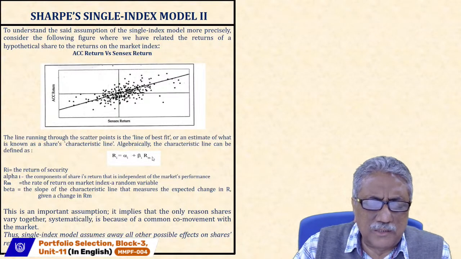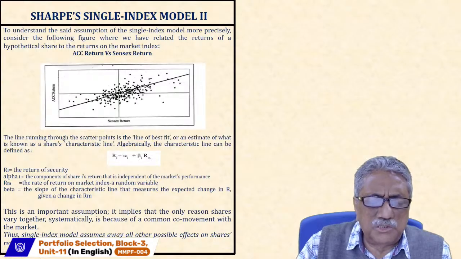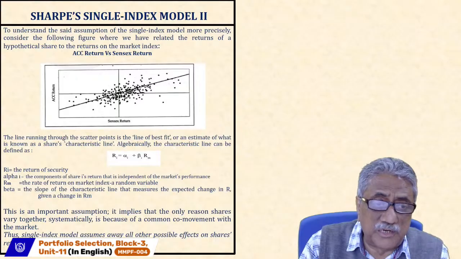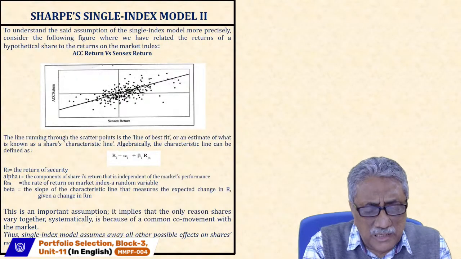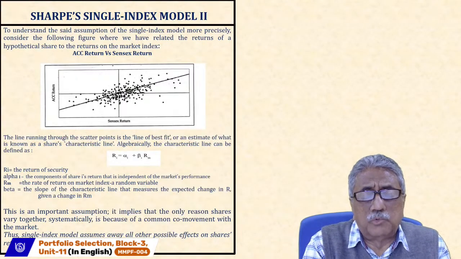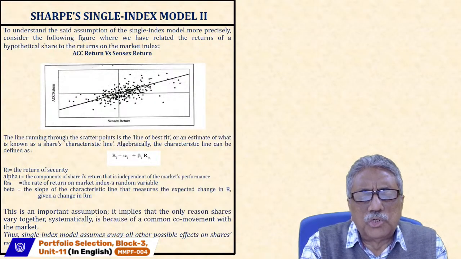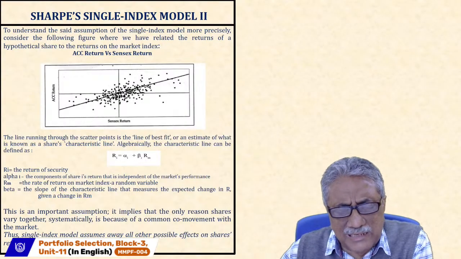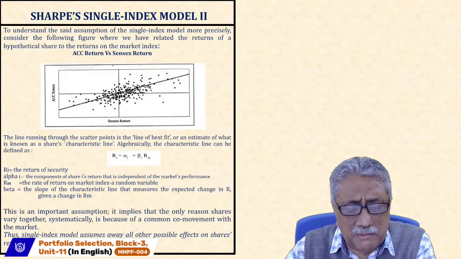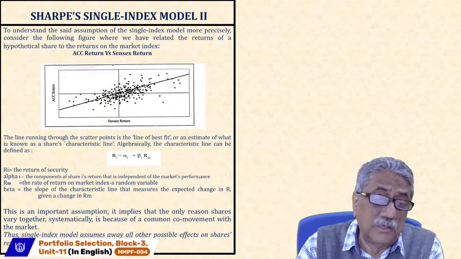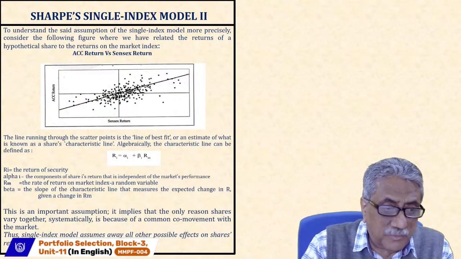If the market goes up, how much will this also go up. So how much return we got from the market effect and how much from ACC's own performance, combining both I get the total return. I am segregating the market-linked return and the standalone return, and then I am getting the total return.